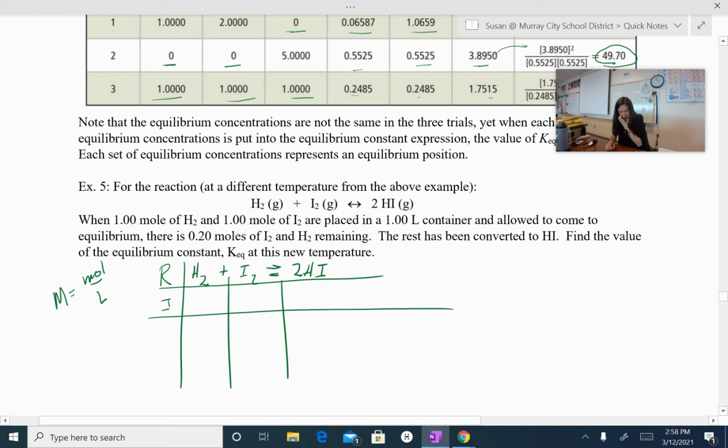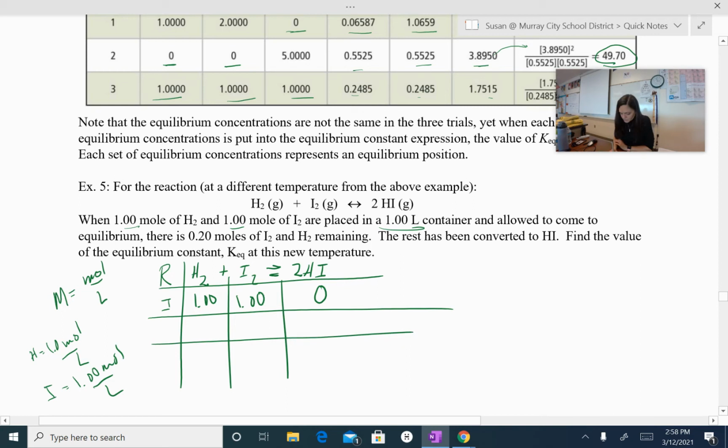So my hydrogen, let's look at this. I have 1 mole in a liter, right? They're placed into 1 liter. So 1 mole per liter gives me a 1 molar concentration. And iodine, I also have 1 mole in a liter. So that's a 1 molar concentration, and I have 0 hydrogen iodide at the beginning.